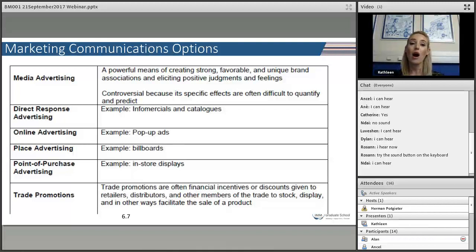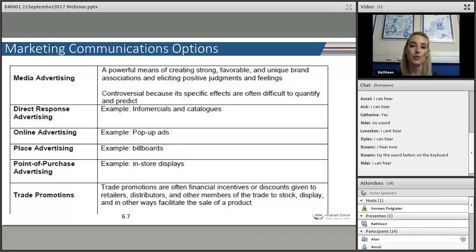The next option that we have available to us is direct response advertising. So direct response advertising is great because it is much easier for me to measure. I get an immediate response from my customer. And the two most common examples we have of direct response is infomercials, where they tell you to call now and place your order, and catalogs, where you would tick off or mark down what items you would like to order and then send your order.